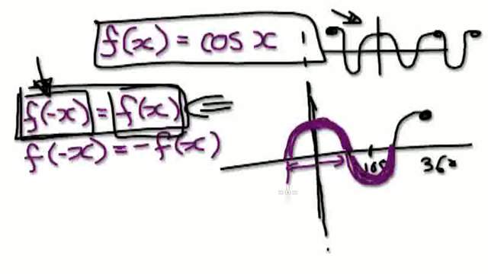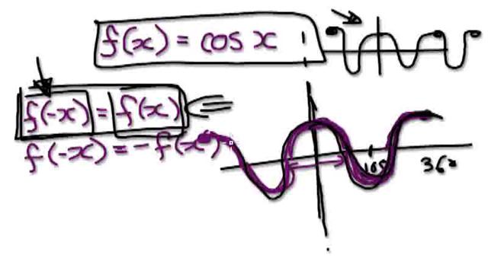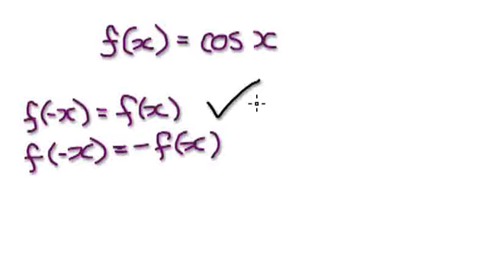And looking at this half lump, it will look like this. You can see that this itself is our cosine of x function. So we know that this is an even function.